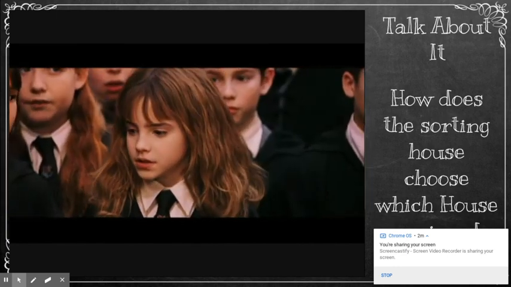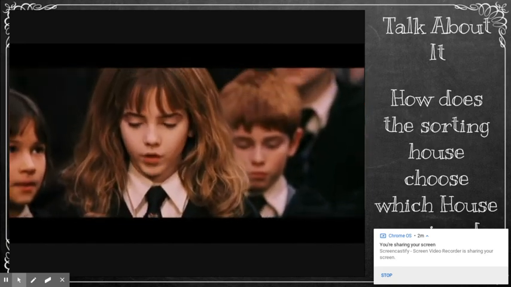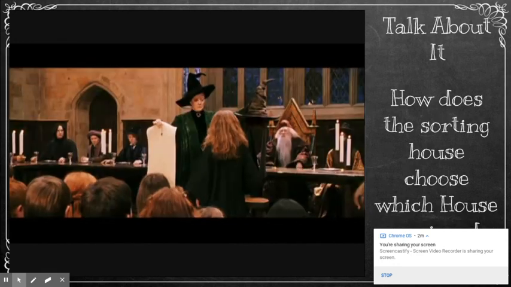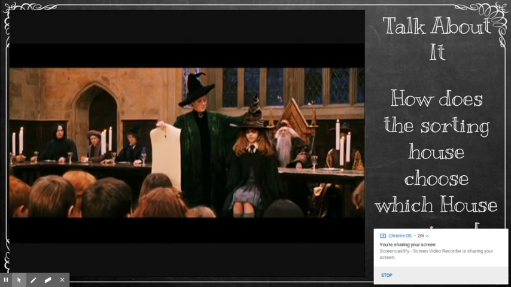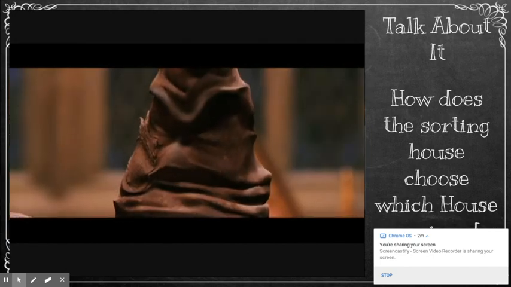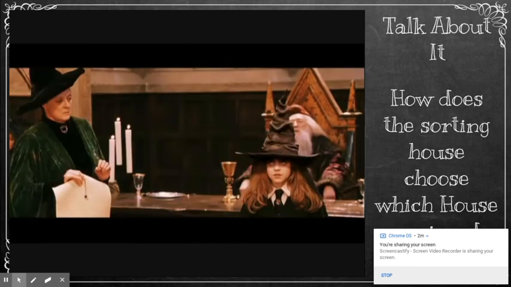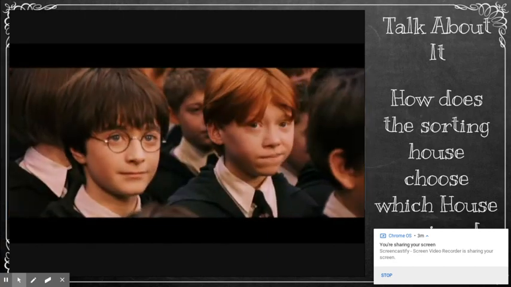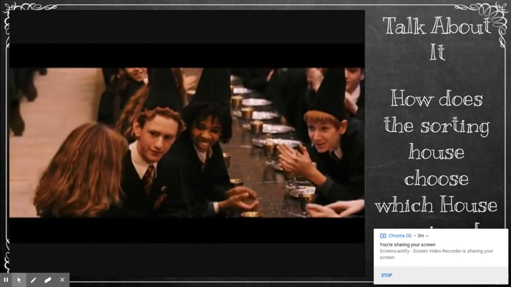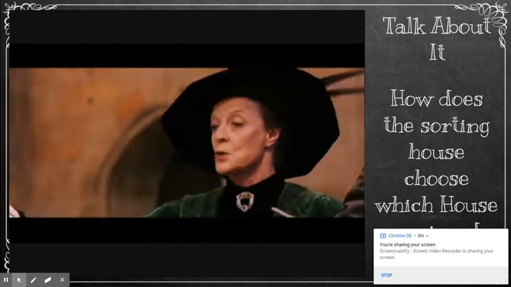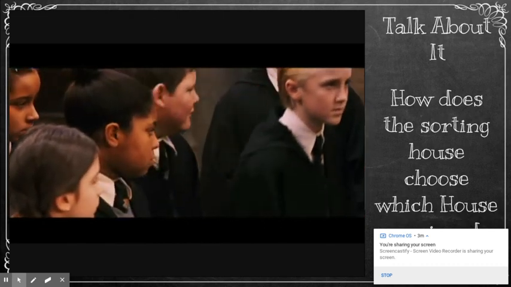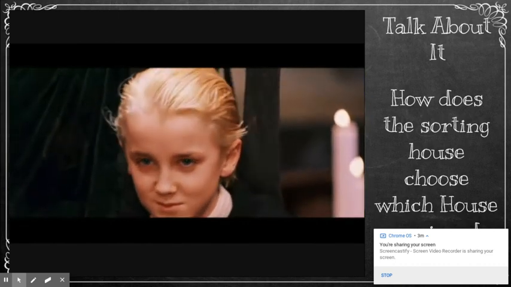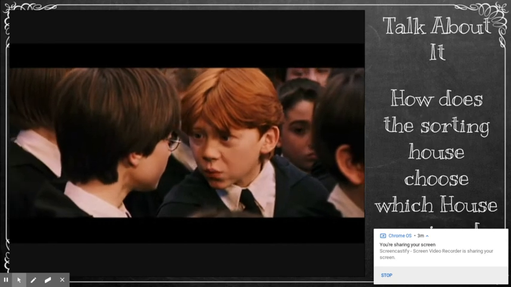Hermione Granger? Right then. Right. Okay. Gryffindor! Draco Malfoy. Slytherin!